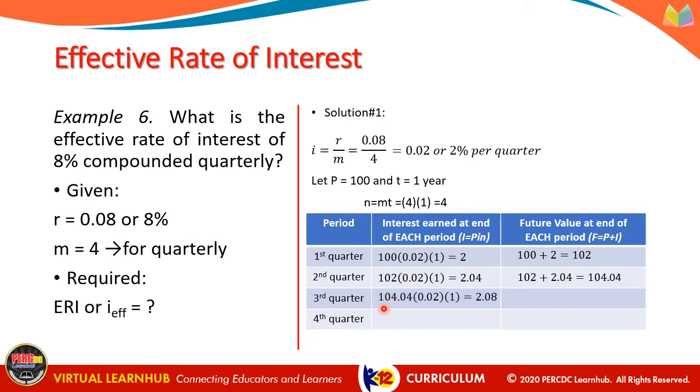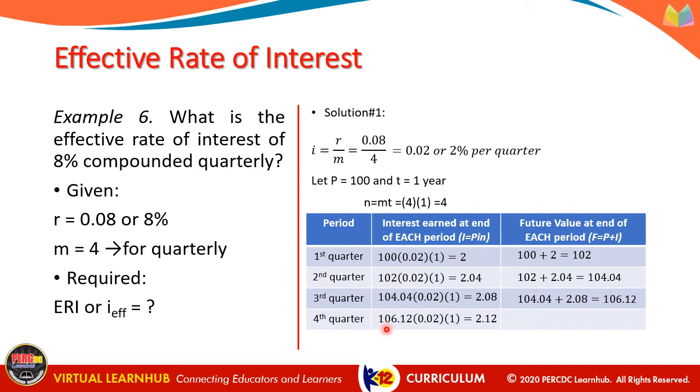The interest earned for the third quarter is 104.04 times 0.02 times 1, which is equal to 2.08. At the end of third quarter, the money is now 104.04 plus 2.08 or 106.12. And then, this will become the principal for our fourth quarter computation.